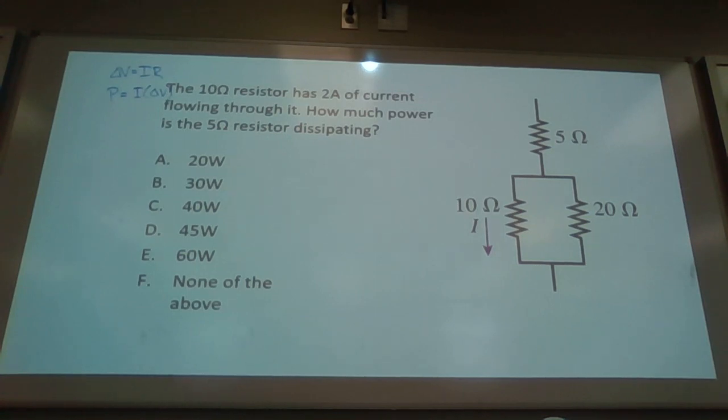D. Tell your neighbor how you got there. I did the math. They have to have the same voltage, so the ratio of resistance to current in one side has to be equal to the other. So then you find the current and you add them, and then you find the power.